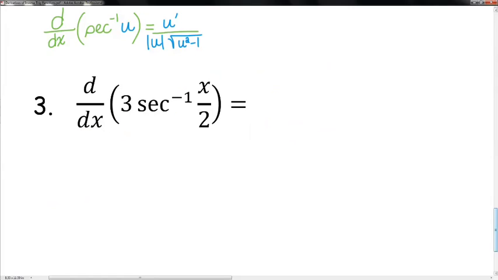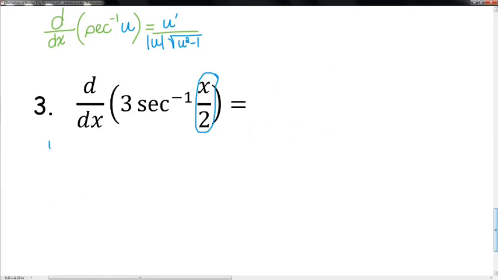Number 3, let's find the derivative of 3 times arc secant of x divided by 2. And once again, I gave you the derivative of arc secant of u. It's going to be u prime over the absolute value of u times the square root of u squared minus 1. So let's find each of those. So u, again, appears right after my arc secant.